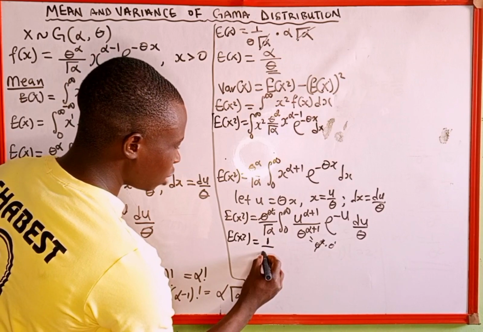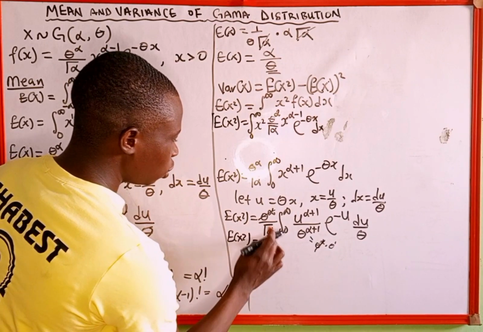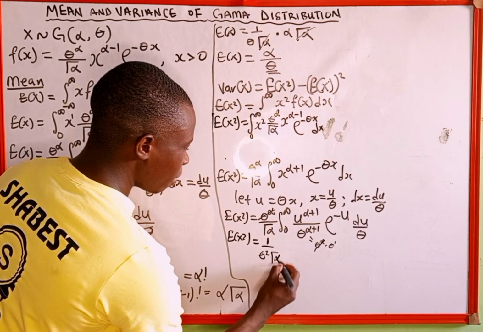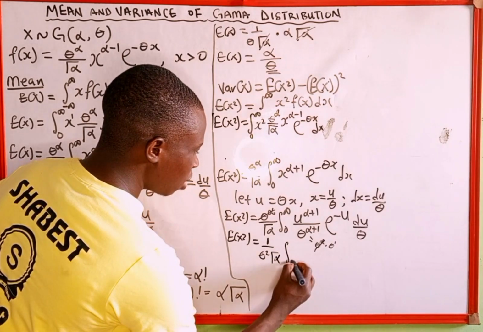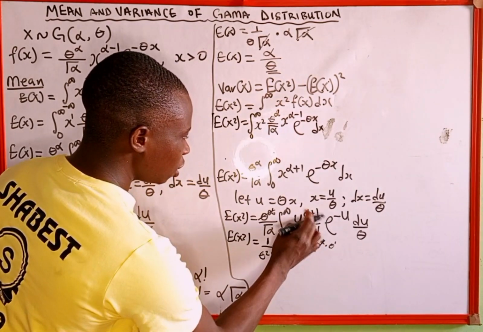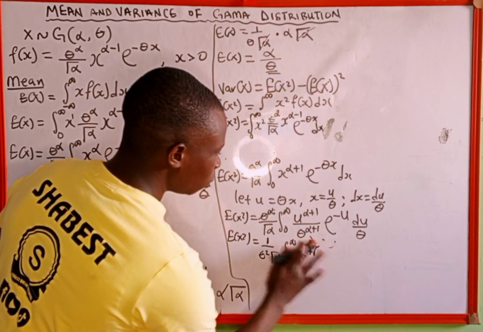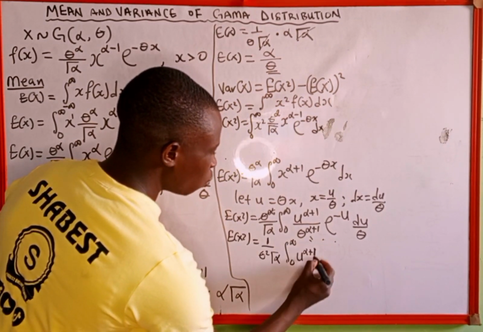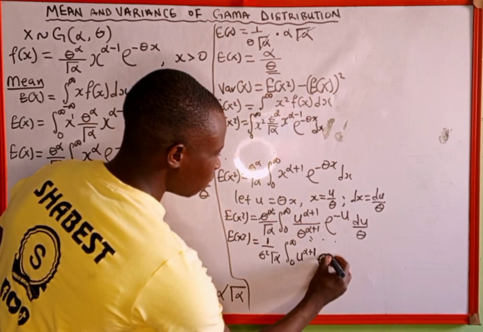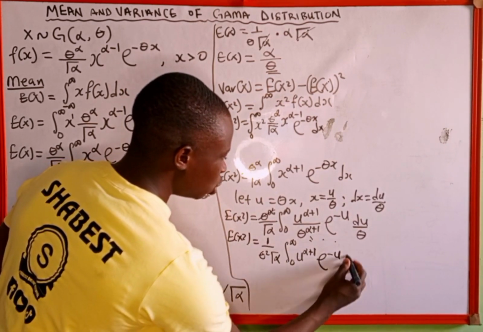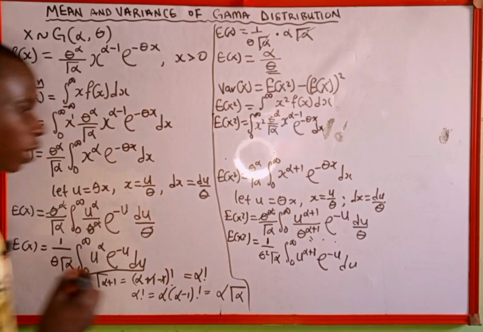Then we take that theta square out, then multiply by the initial gamma of alpha, then integral from 0 to positive infinity. So we are left with u to the power of alpha plus 1, then exponential raised to the power of minus u, then du, because this theta is out already.